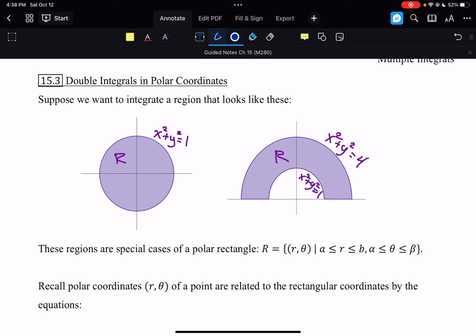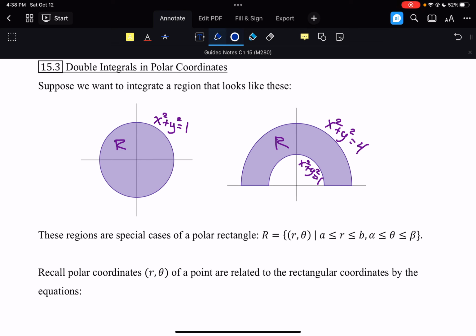So these types of regions are special cases of what we call a polar rectangle. We'll get into more detail in a later section about why exactly these are called polar rectangles. But essentially it's because in polar coordinates, you have r and theta as the variables, where r represents the radius of the circle and theta represents the angle around the circle. r is going from a to b and theta is going from alpha to beta.